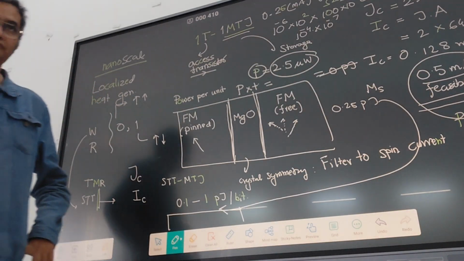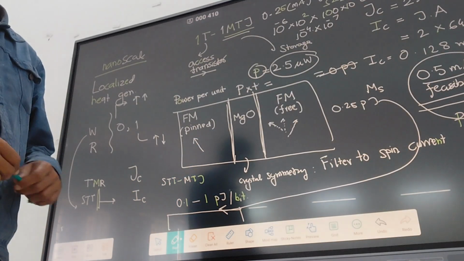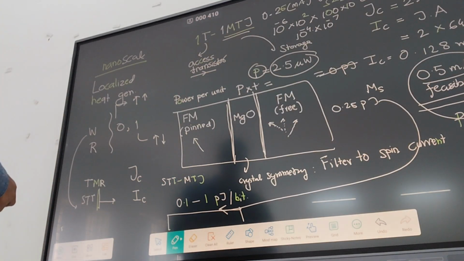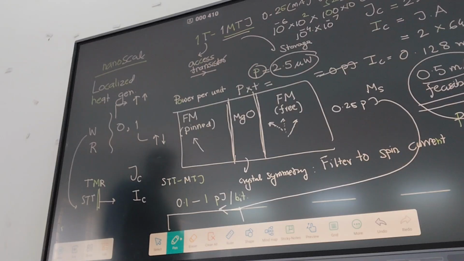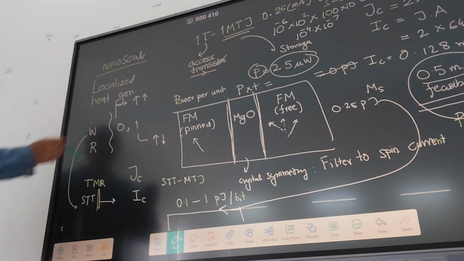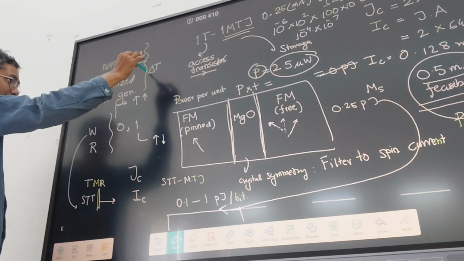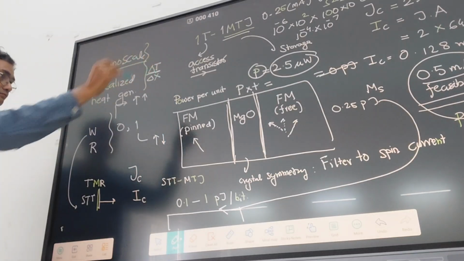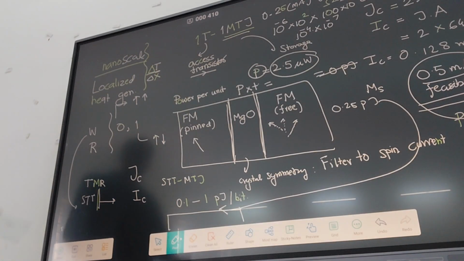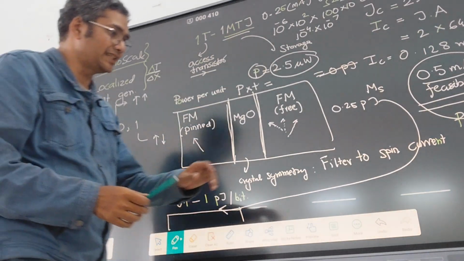Localized heat generation. And how do we calculate the localized heat generation? We need to calculate it by the temperature gradient dT by dx.